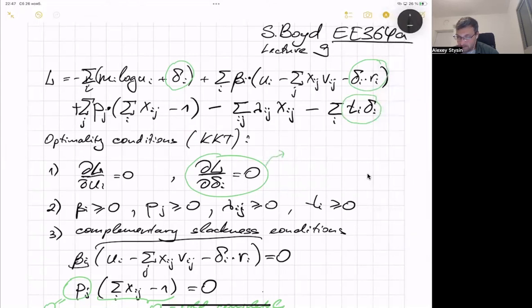We will get that dL over d delta I equals to -1.